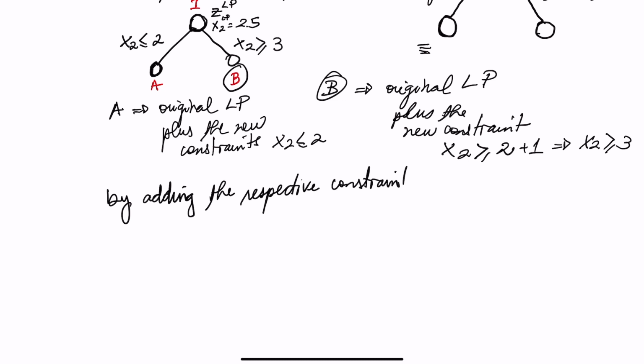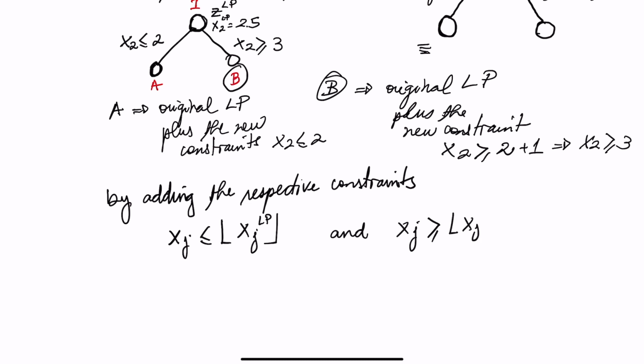So to the left, we will add a constraint that says that xj is less than or equal to the floor operator of xj LP, and xj greater than or equal to the floor operator applied to that element of the decision vector from the original LP plus 1, right?